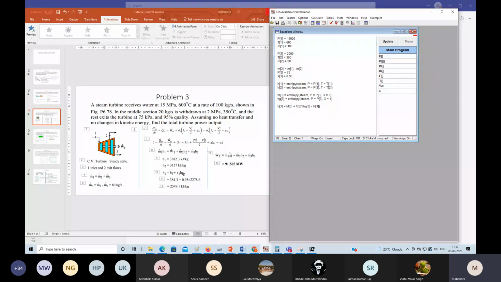Now what we need to do? After setting this equation appropriately, it is coming out like this. Yes, this thing. Okay.